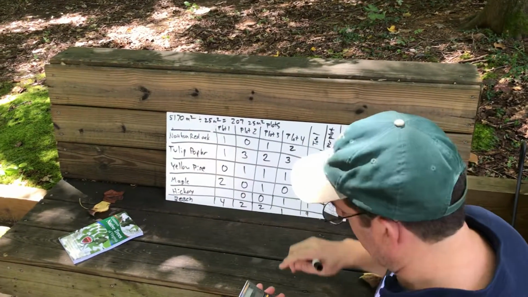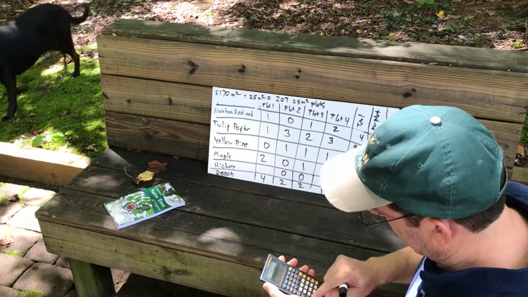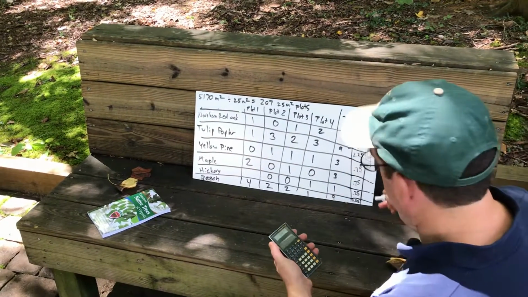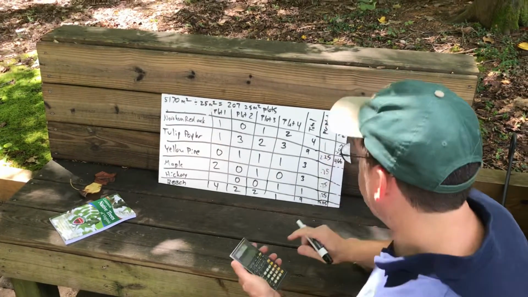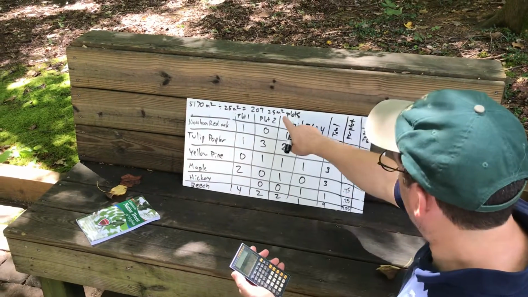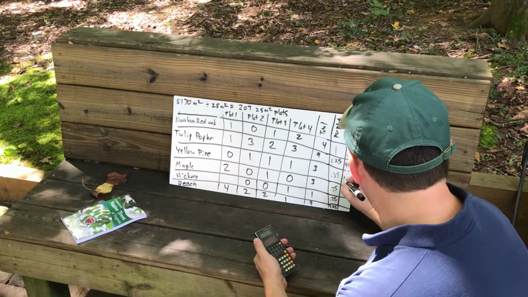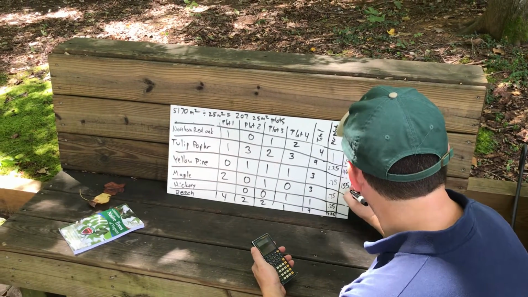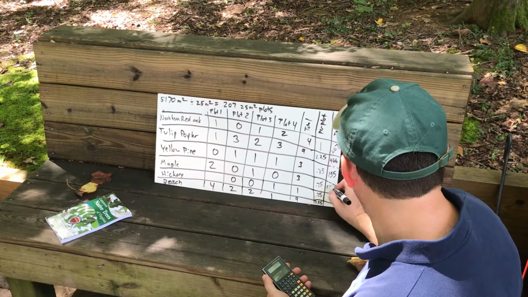All right, we've got tulip poplars, 2.25 per plot, times, again, 207 plots. So I'm going to estimate that to be 466. Yellow pines, we had 0.75 per plot. We have, again, 207 plots. So I'm going to estimate that to be 155. Maples is going to be the same as pines, 155.